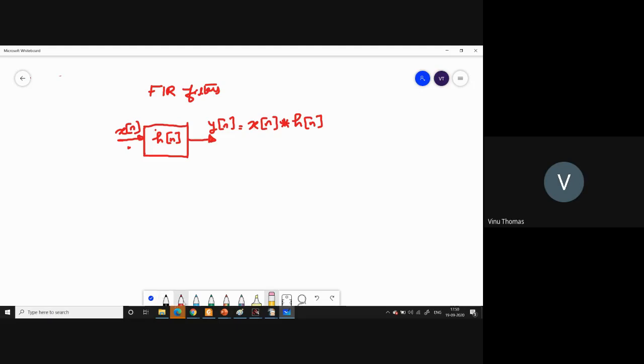Okay, so normally x[n], where does x[n] come from? x[n] comes normally from a real world signal. So let us consider that x[n] comes from a microphone. This is digitized, so you have some kind of an ADC, analog to digital converter.